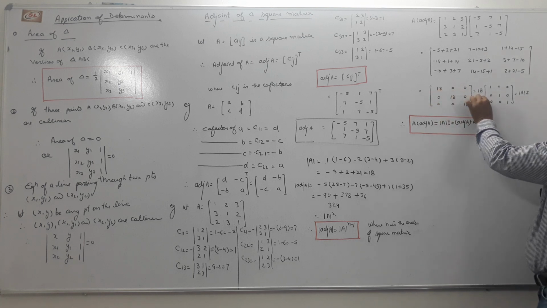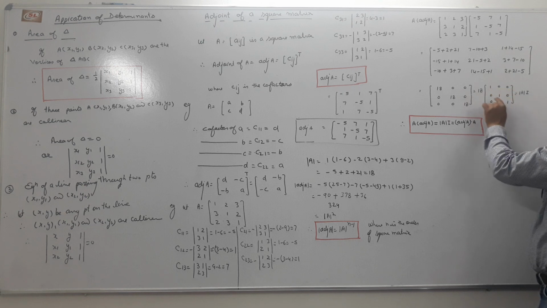18 is common. Then 1, 0, 0, 0, 1, 0, 0, 0, 1.